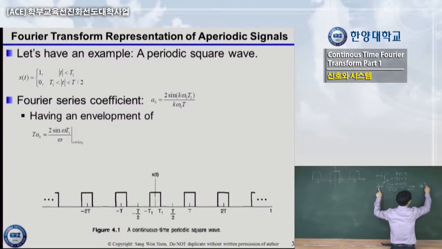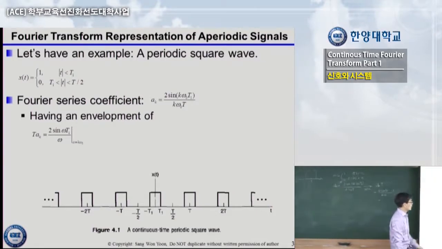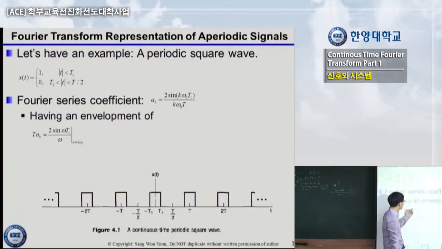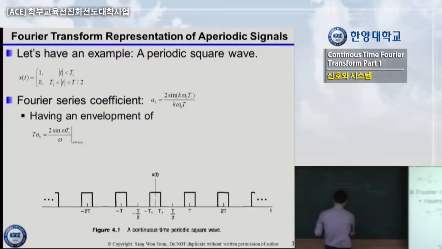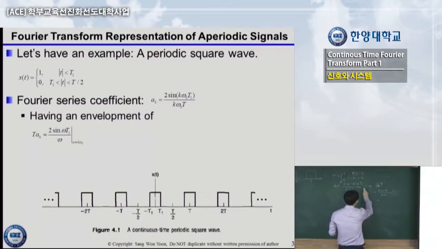So let's take this equals 2 sine k omega 0 t1 divided by k omega 0. That's what it says. However, let's say k omega 0 to be omega.